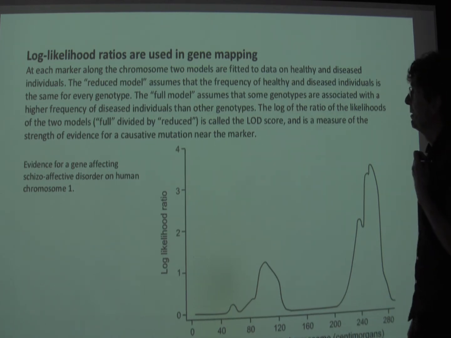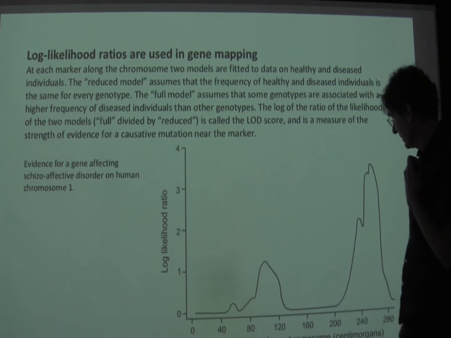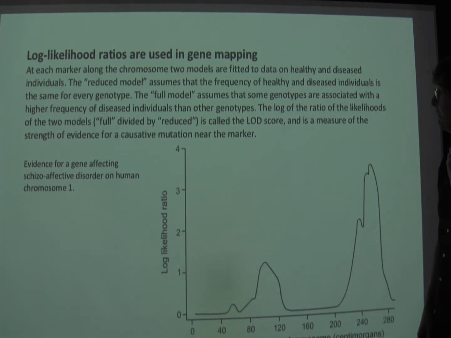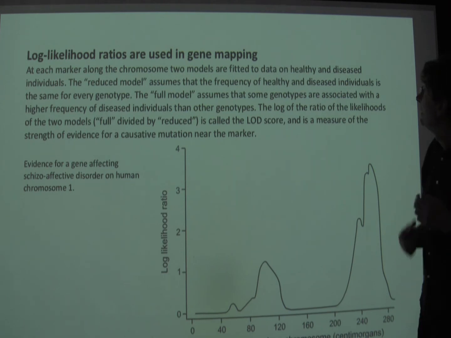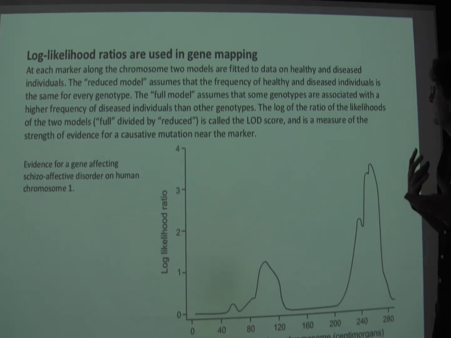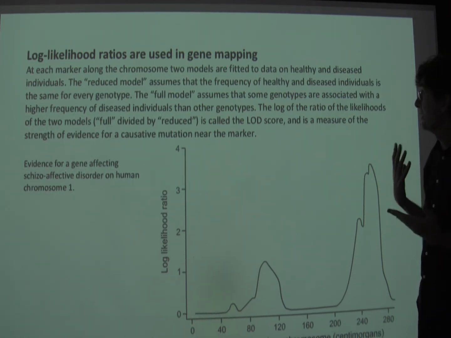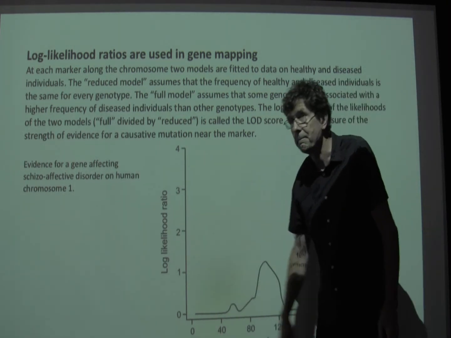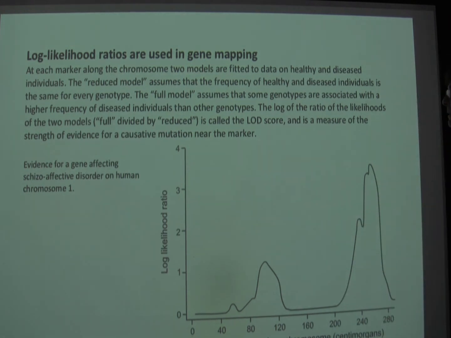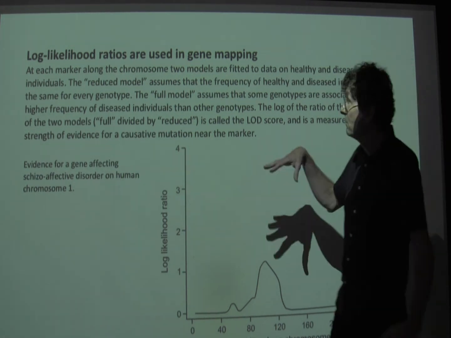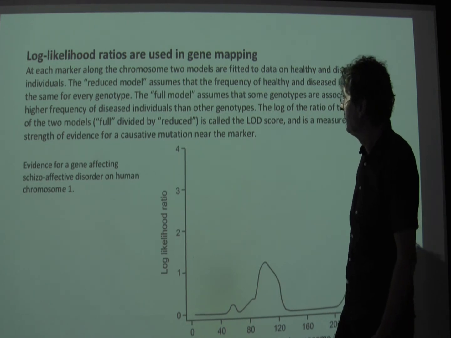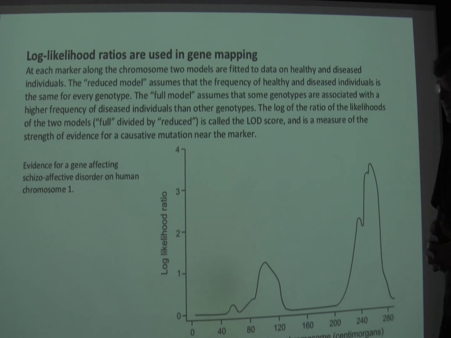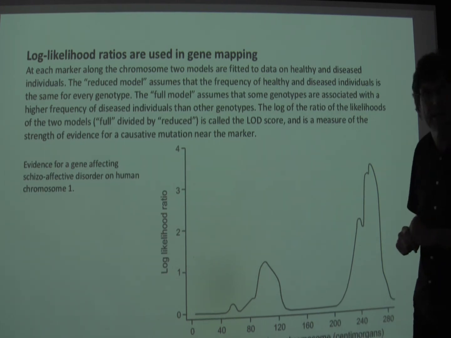How QTL analysis works is that at every position along the chromosome, it compares a full model, in which there's some association between disease state and genotype at that marker in the sample of individuals in the study, and it fits a reduced model where the disease state is independent of genotypes at that marker.